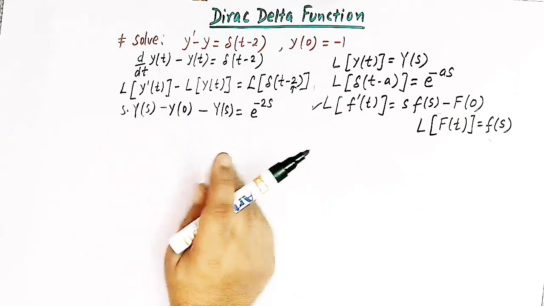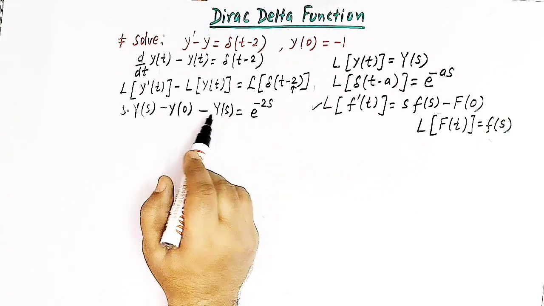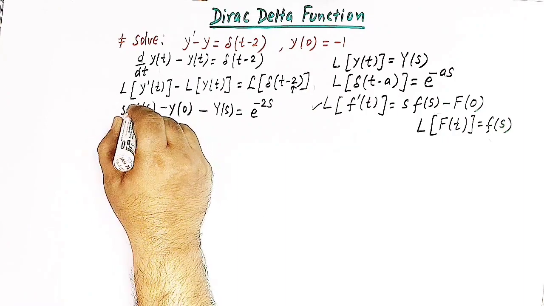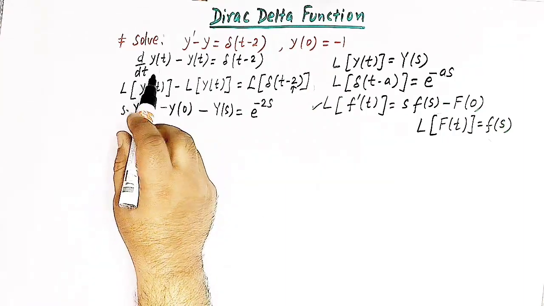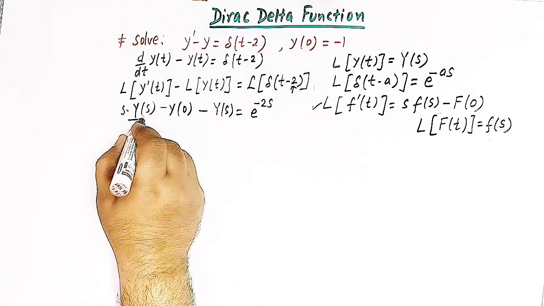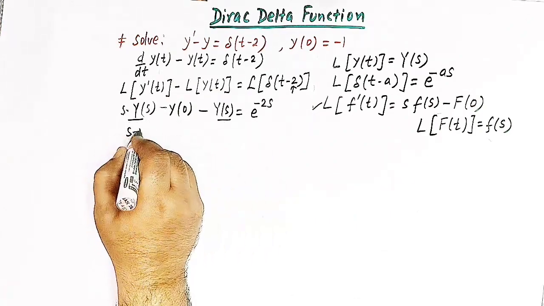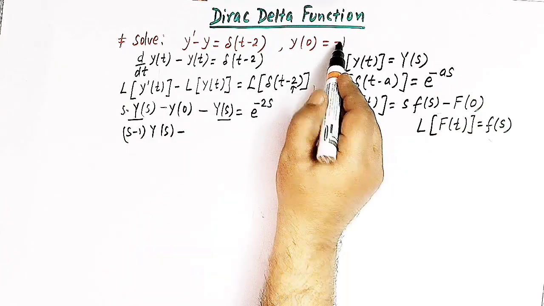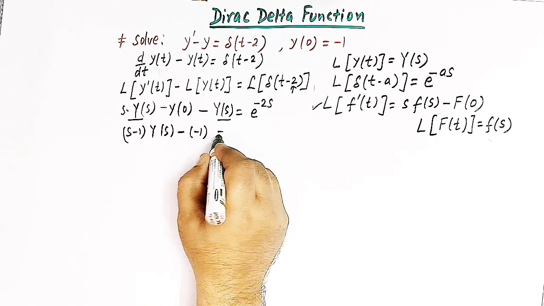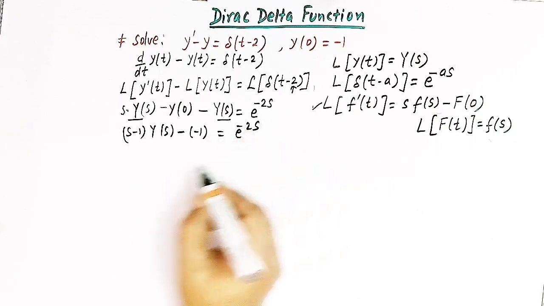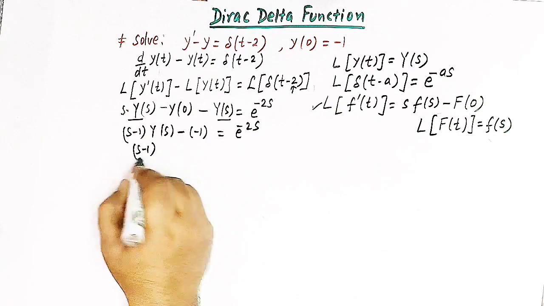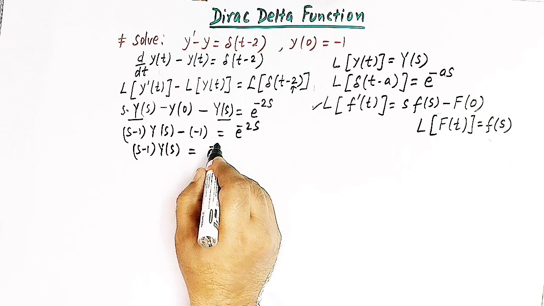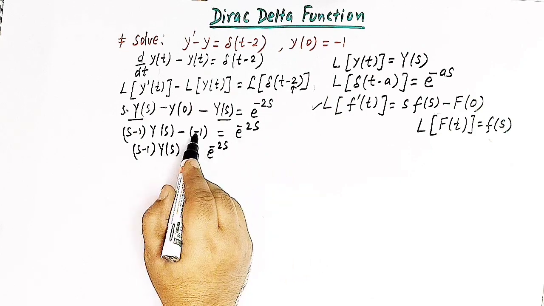So now we have this equation, so let us collect the like terms. Here we have s times the Laplace transform of y of t. So taking these two terms, we have s minus 1 times Y of s, and y of 0 is minus 1. So we have minus 1 and e raised to minus 2s, and s minus 1 times Y of s is equal to e raised to minus 2s, and this is minus minus plus.